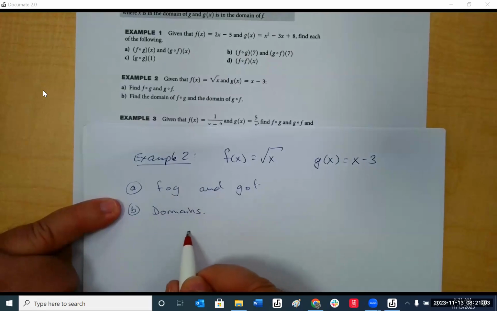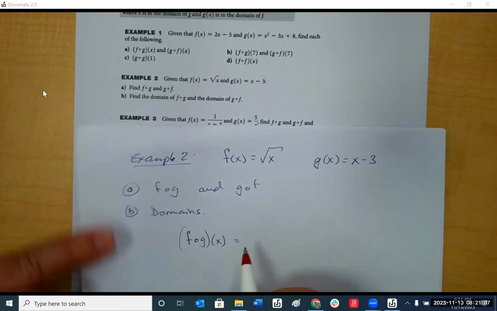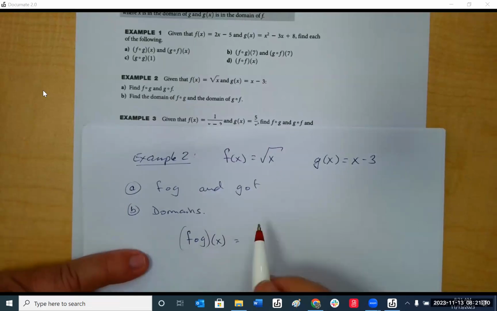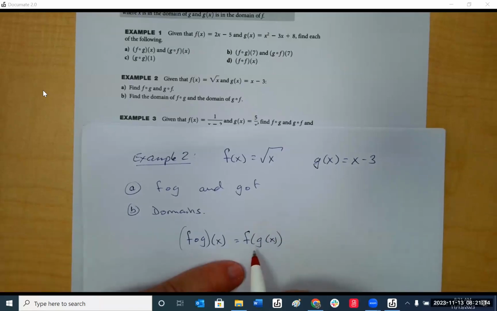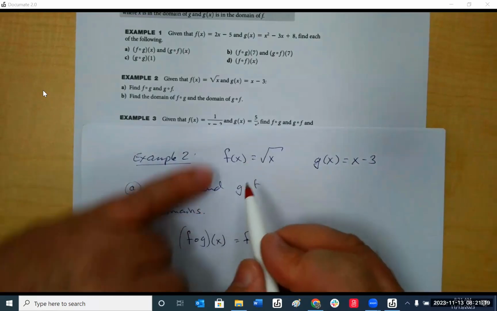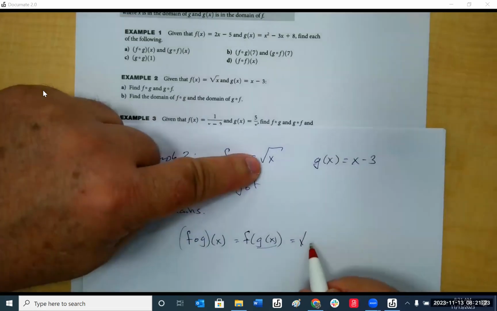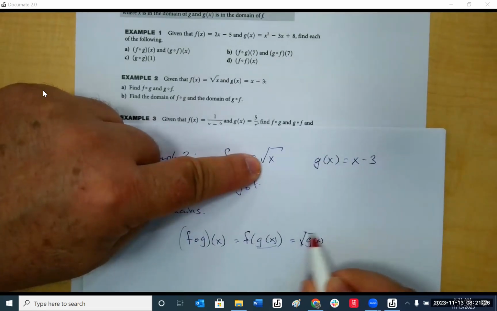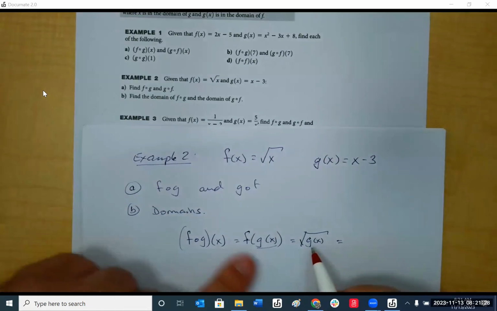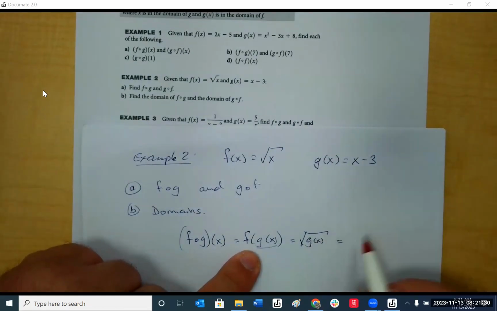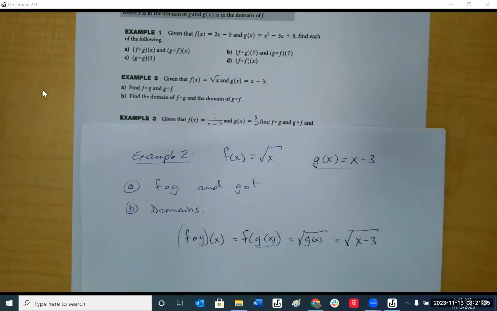So let's find f of g of x. So anywhere I see an x inside the f function, I put g of x. So here's an x, I put g of x. That's what that says. Now g of x is x minus 3. That's what g of x is.